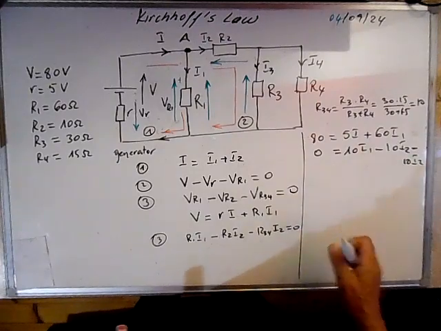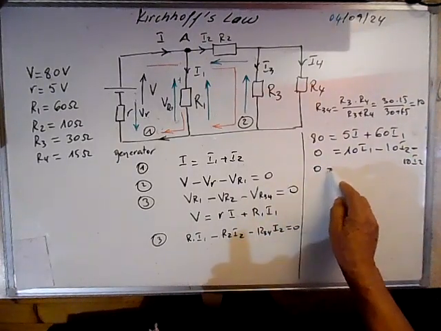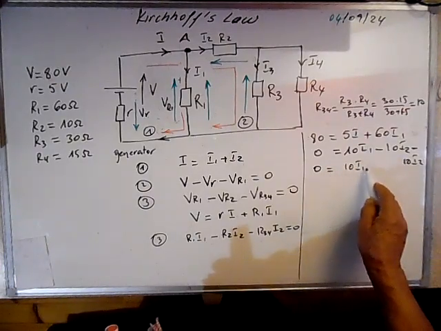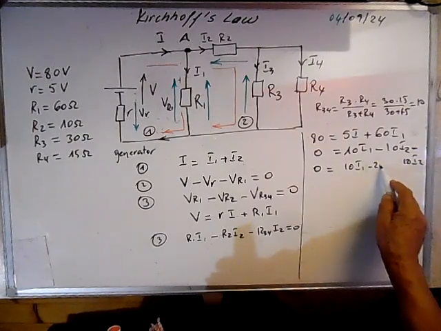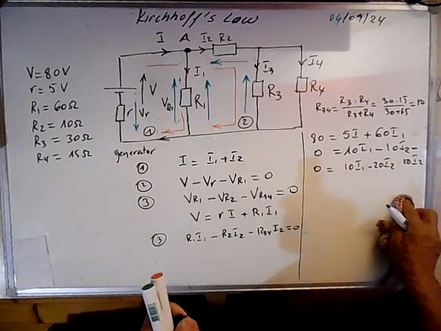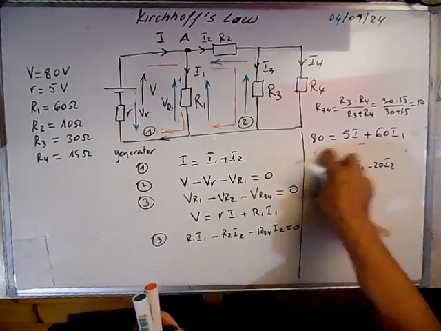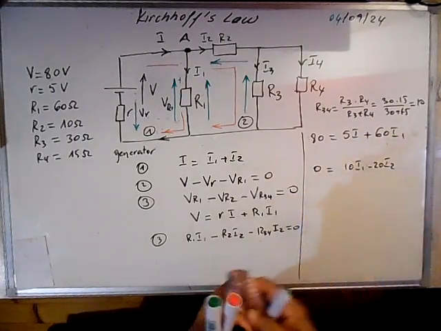So it means second equation we can change it. 0 is equal to 10 I1 minus 20 I2. Okay, let's take away this one. So we have a system of two equations to resolve.